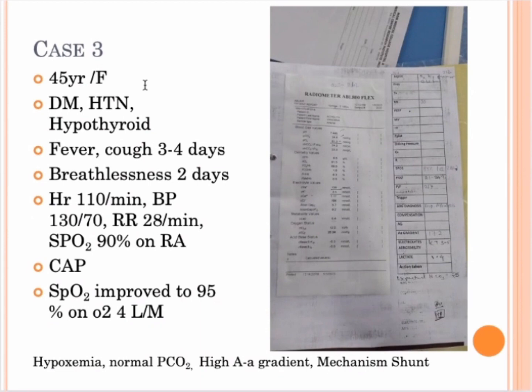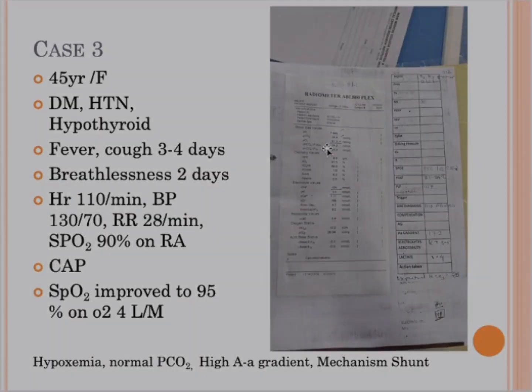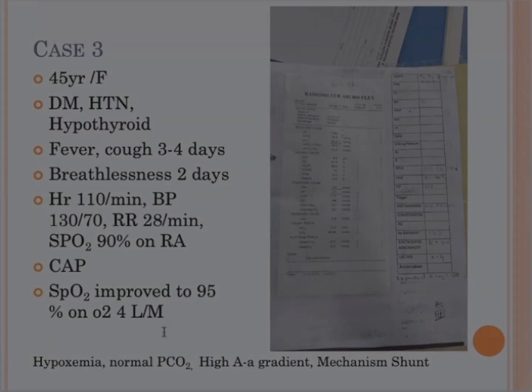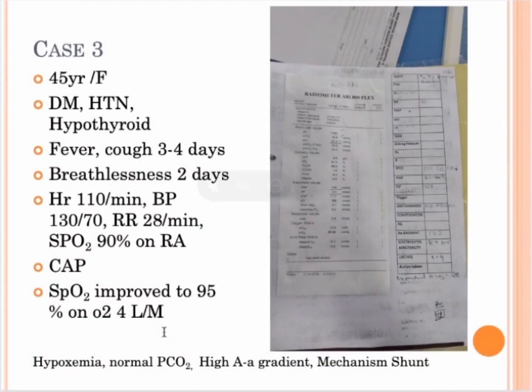And this is the third case, a case of diabetes, hypertension, hypothyroidism with fever, cough, and breathlessness. The saturation is 90, and PO2 is something like 60 on room air, with minimal improvement with oxygen. So this patient's ABG shows hypoxemia, but normal PCO2 and high AA gradient.